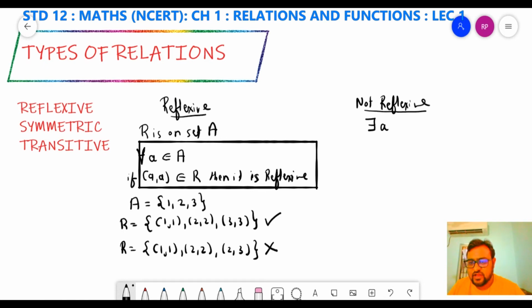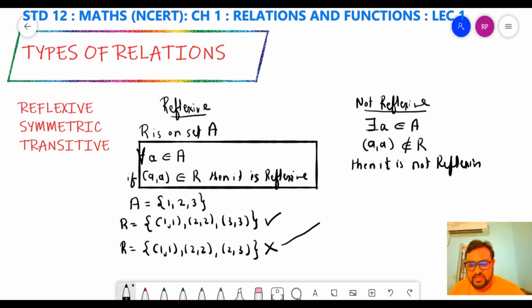Okay, so for any element a belonging to A, such that (a, a) does not belong to R, then it is not reflexive.